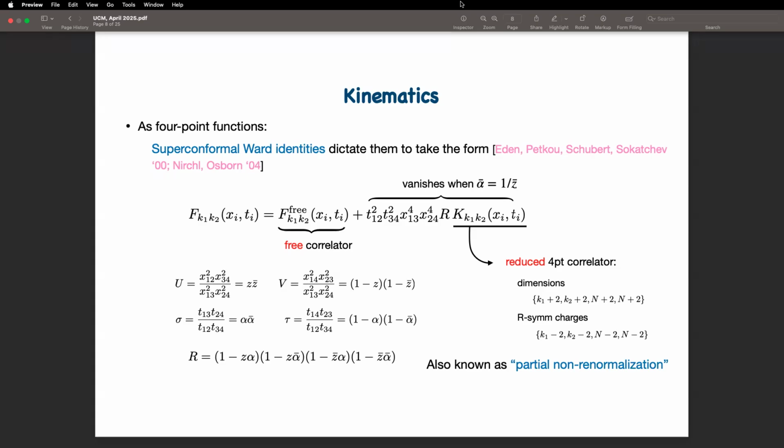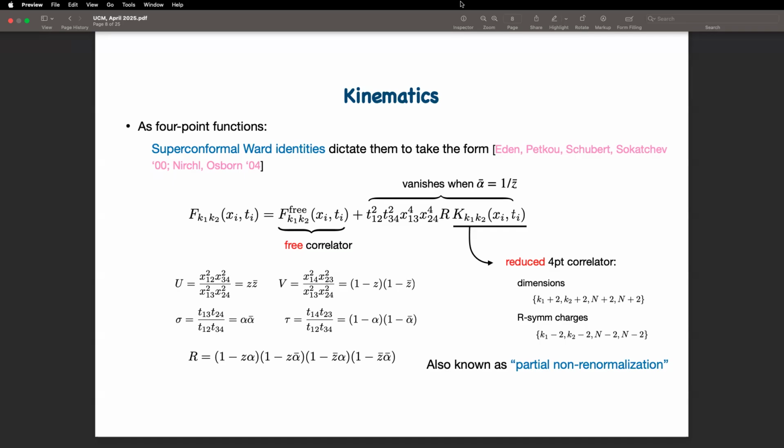Now, in front of this K, there are also some kinematic factors. Here, this T_ij, I define to be just T_i times T_j, where we recall T is the 6-dimensional R-symmetry coordinate vector. And x_ij is just x_i minus x_j, okay? Also, there is a factor R, which is determined by superconformal symmetry.